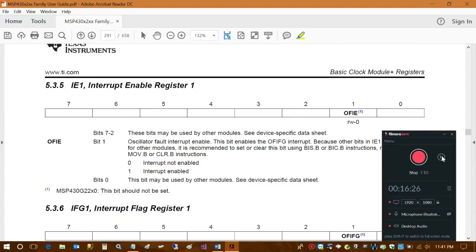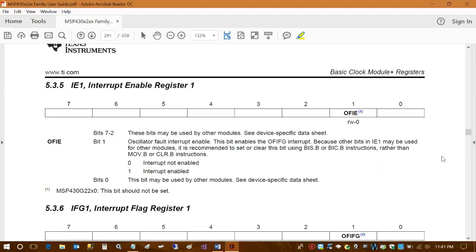Now here comes the most important topic, that is OFIE. OFIE, I think I discussed in my last video. That is, OFIE is basically an interrupt that is required to be enabled when you need to enter into a subroutine where you want to check if there is any kind of oscillator fault.